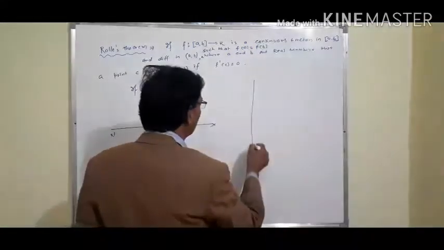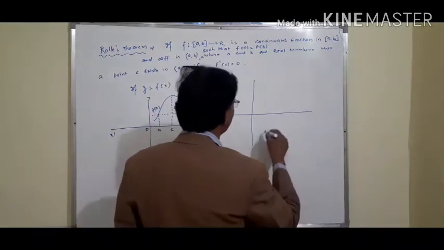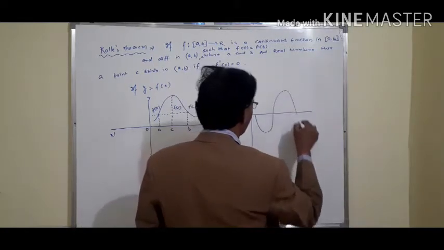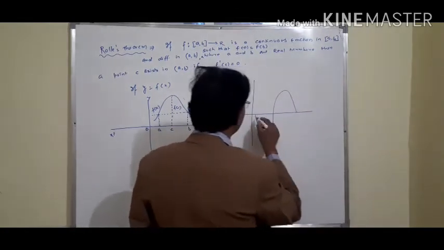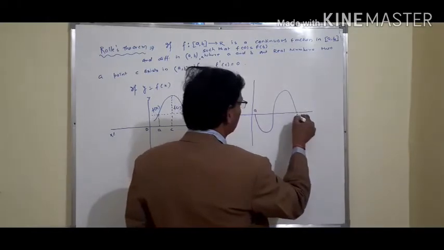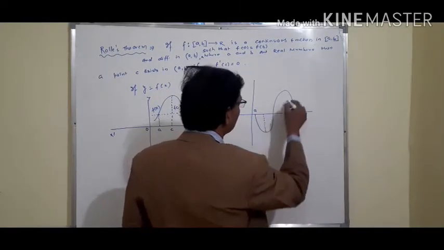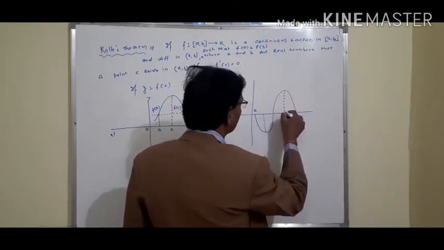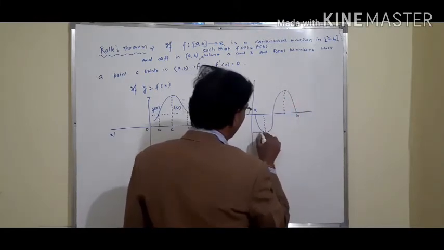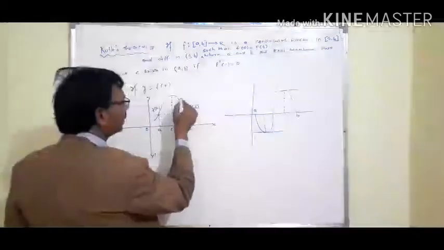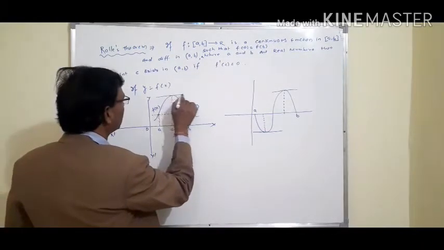Or we can draw this graph like this. Suppose this is the a and this is the b. Now here this is the slope of tangents, and also this is the slope of tangents.